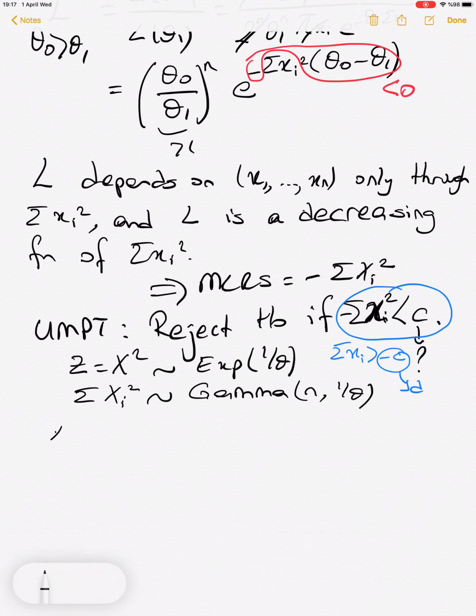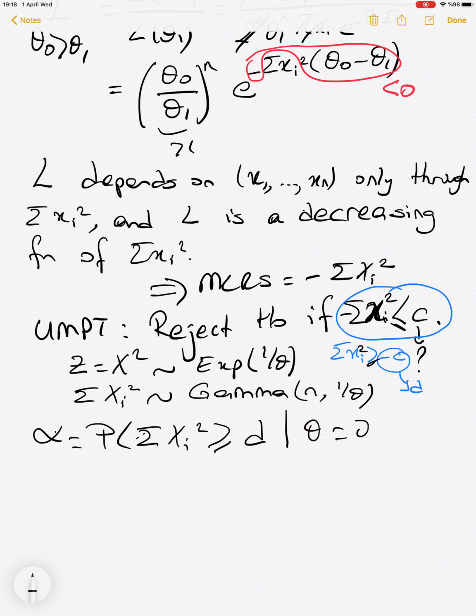Okay, then again using alpha, given information, probability that, sorry, there should be a square, summation xi square.